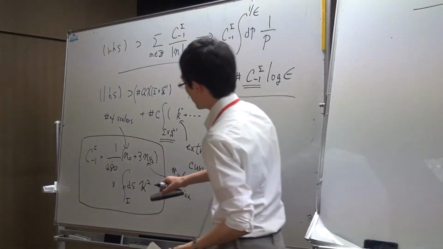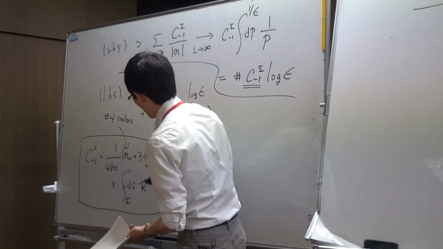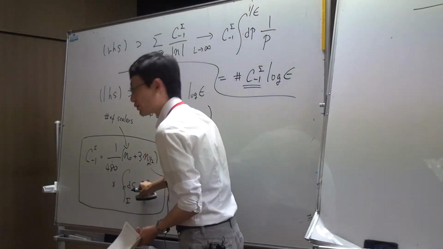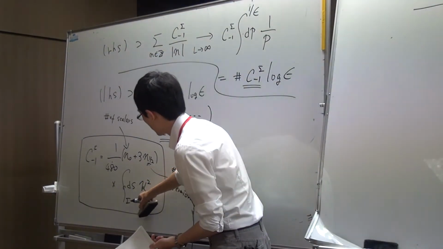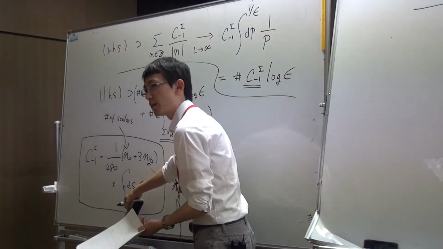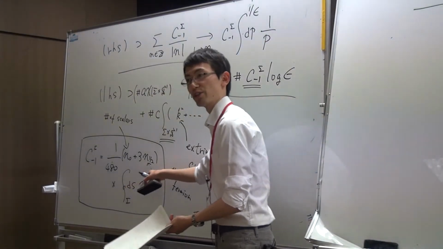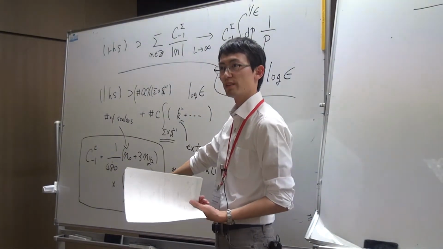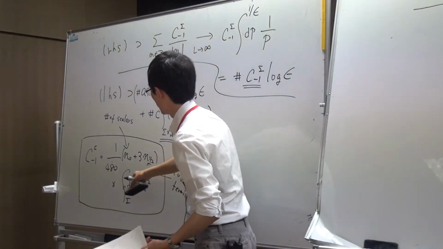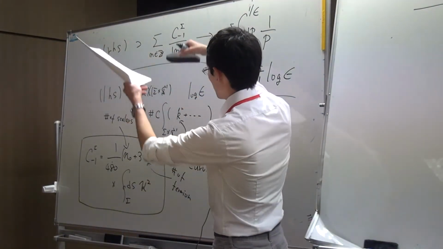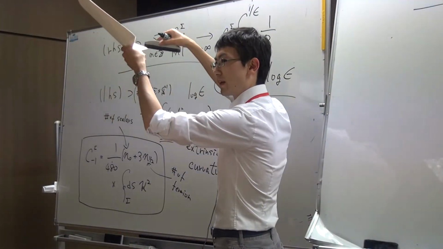So C minus 1 is given by some coefficient times the integral of kappa squared, where kappa is the extrinsic curvature of sigma, and this is an even function as we expected. So we fix this coefficient by starting with four-dimensional field theory and taking a KK reduction.